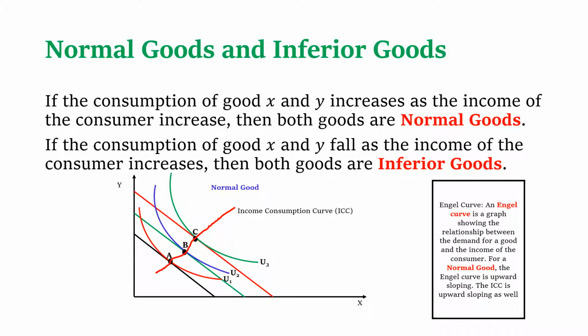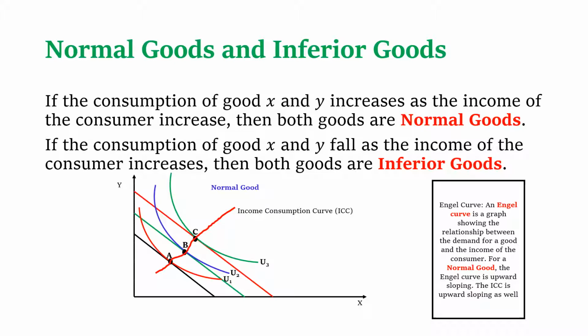Now, as you can see there, I try to trace all the points of tangency between the indifference curve and the budget line. As the consumer experiences an increase in income, he is also on a higher indifference curve, which is indifference curve U2.